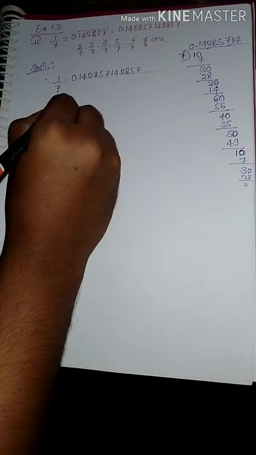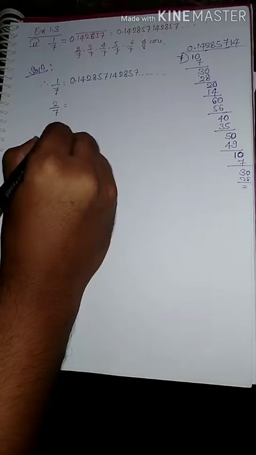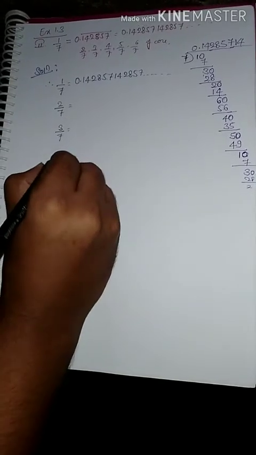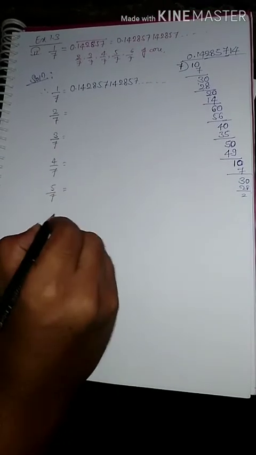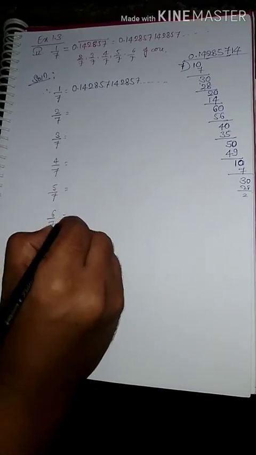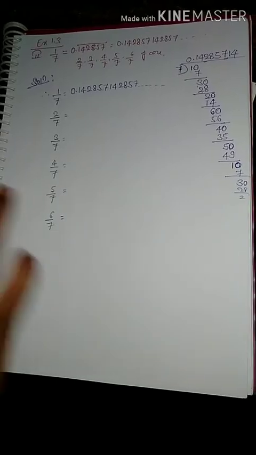But our question is, what is the decimal expansion of 2 by 7, 3 by 7, 4 by 7, 5 by 7 and 6 by 7 without actually doing the long division?